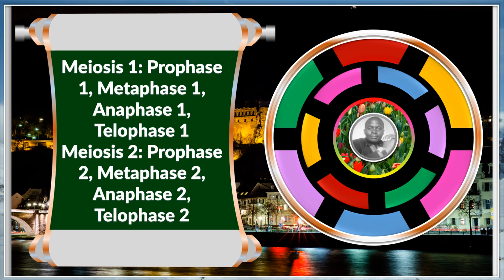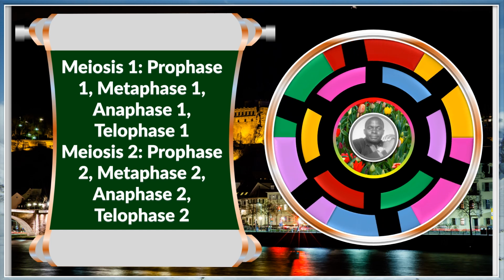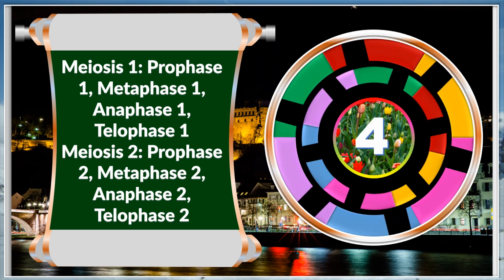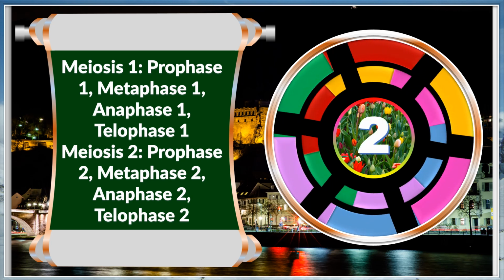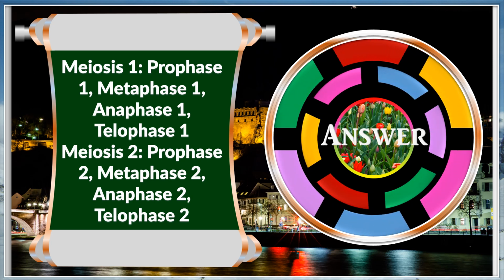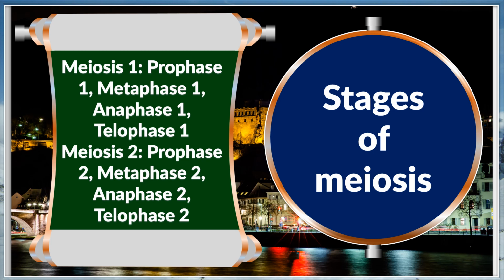Meiosis 1: Prophase 1, Metaphase 1, Anaphase 1, Telophase 1. Meiosis 2: Prophase 2, Metaphase 2, Anaphase 2, Telophase 2. Stages of meiosis.